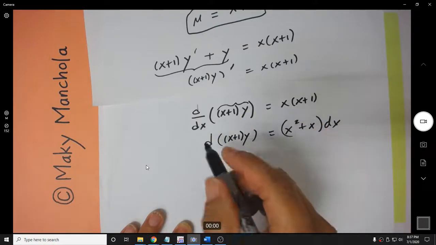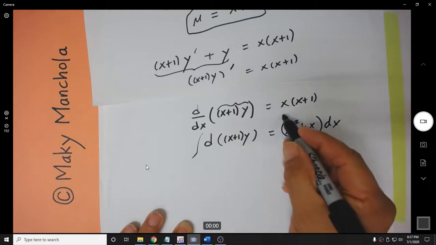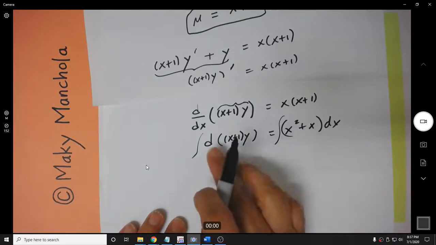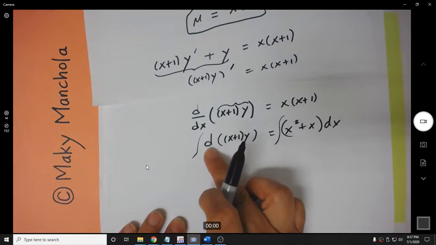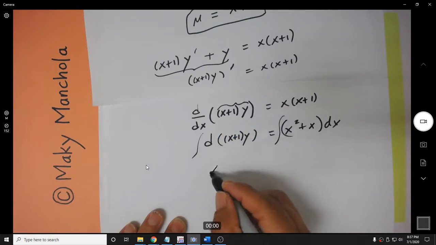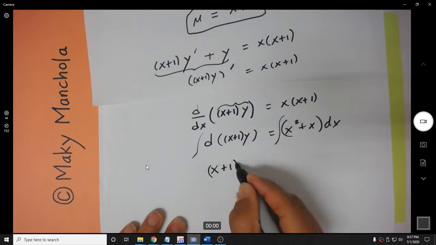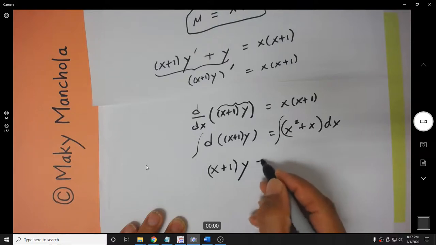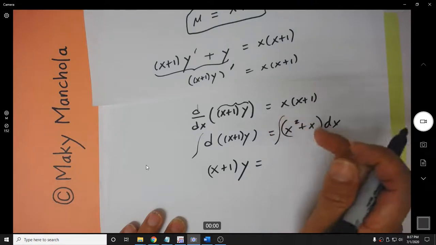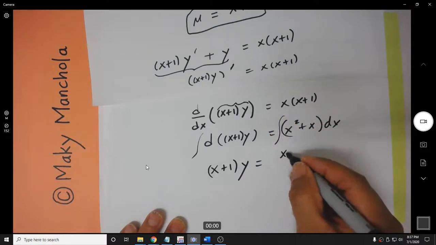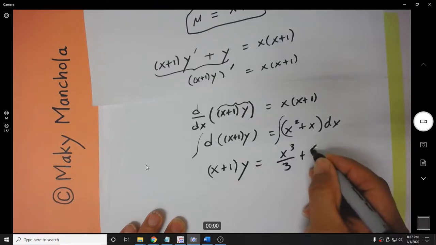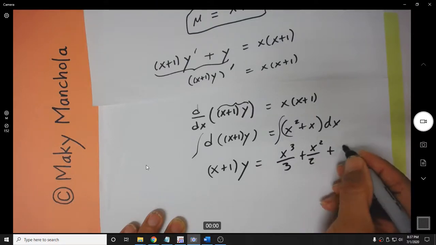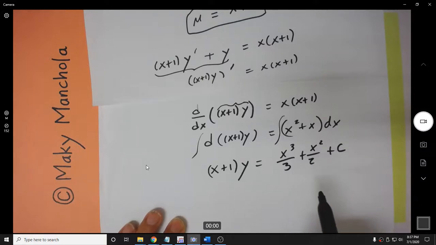Now, as a separable equation, we can solve it by integrating each side. The integral of the differential of this variable is simply this variable, x plus 1 y. And then the integral of x squared plus x is going to be x cubed over 3 plus x squared over 2 plus some constant of integration.